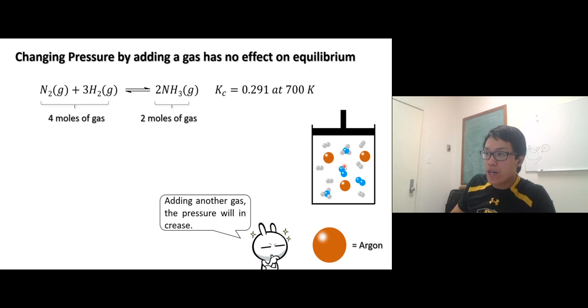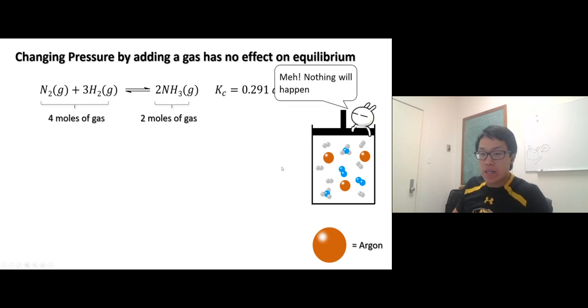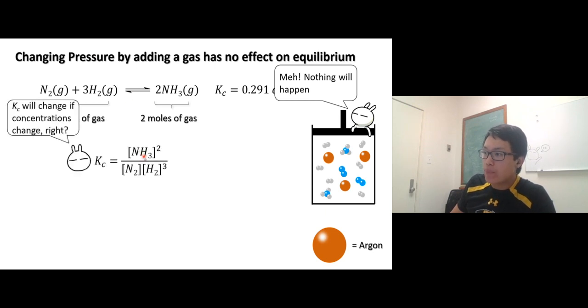But what's going to happen? Well, nothing's going to happen. Let's take a look at the mathematical explanation. Kc of this equation is still the same: products squared over reactants, hydrogen cubed.